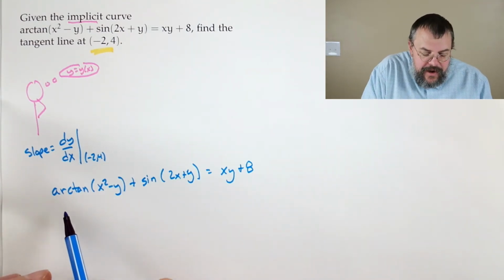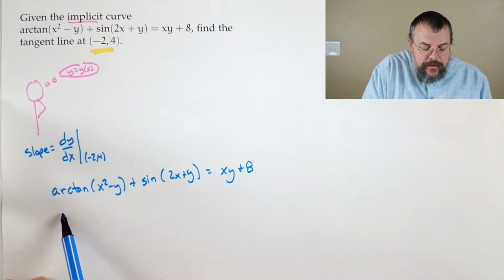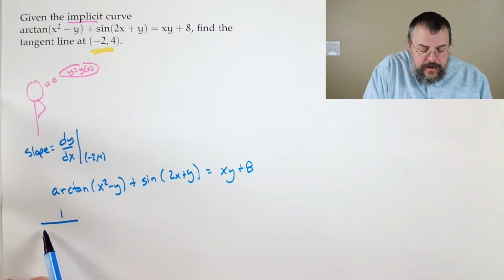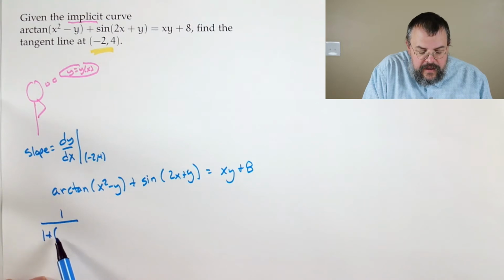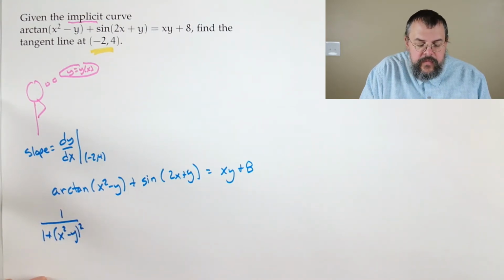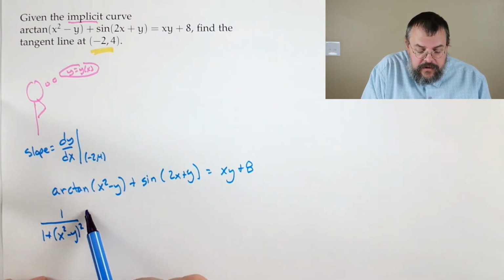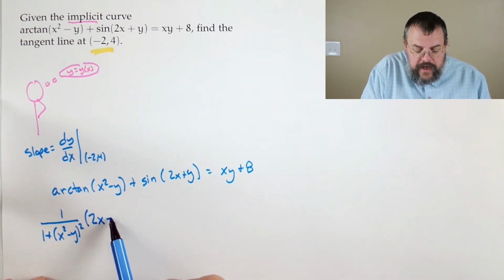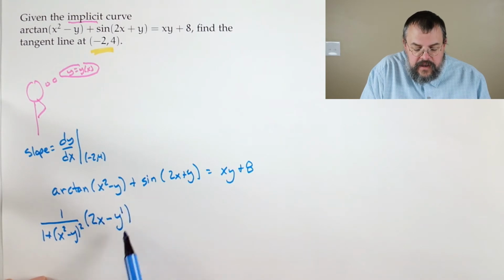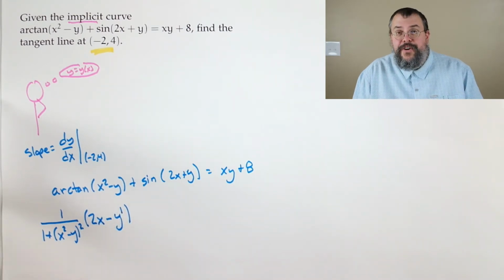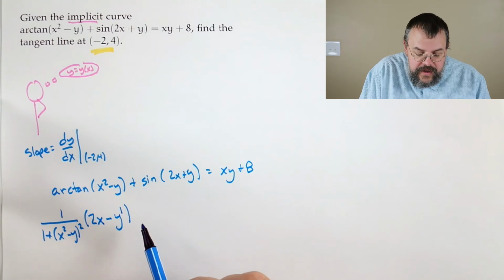So the derivative of arctangent is 1 over 1 plus the inside squared. Then we're going to multiply that by the derivative of the inside. Well, the derivative of x squared is 2x minus the derivative of y is y prime. Okay, so y prime is shorthand notation for dy dx.